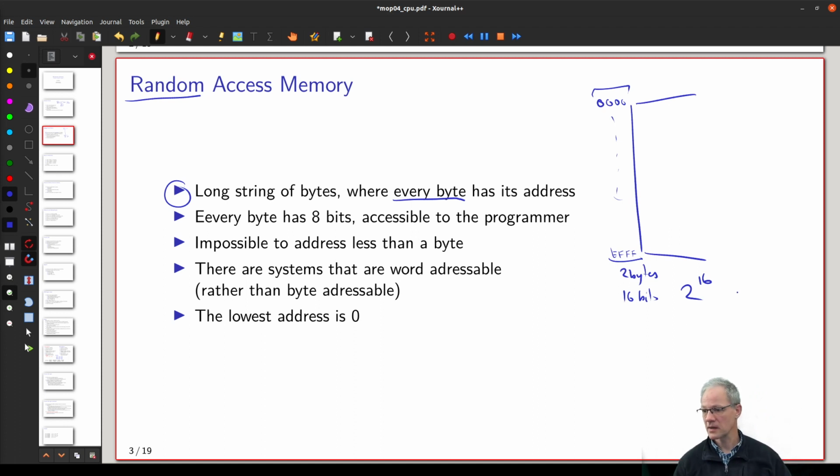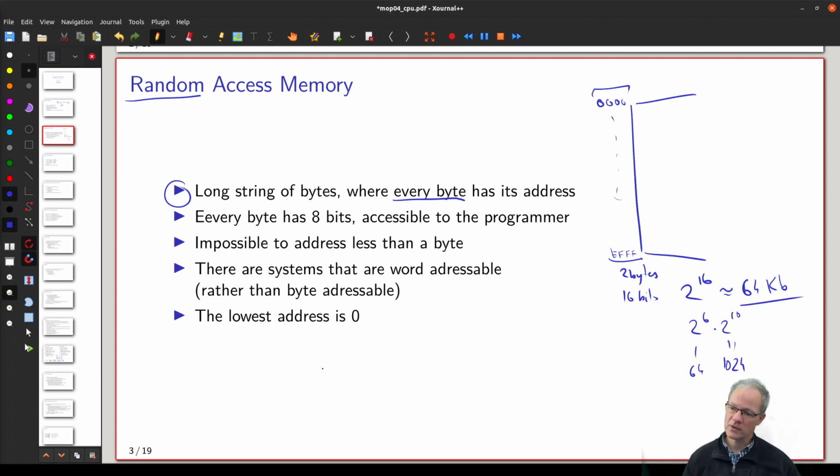Roughly 64 kilobytes is the size of it, right? Because it's 2 to the 6 times 2 to the 10, and this is 1024, and this is 64, right? So that's how we arrive at 64 kilobytes.